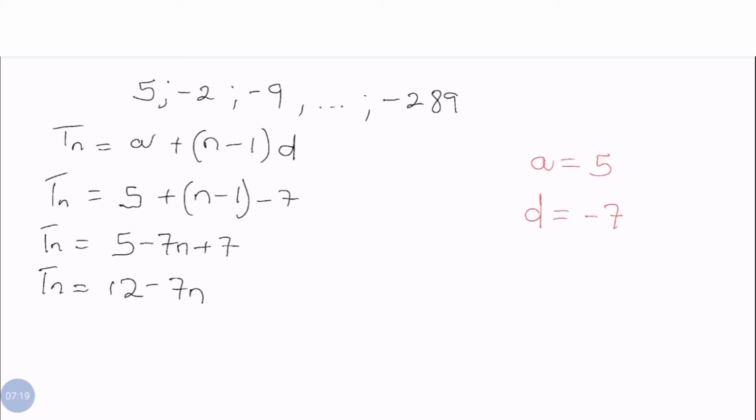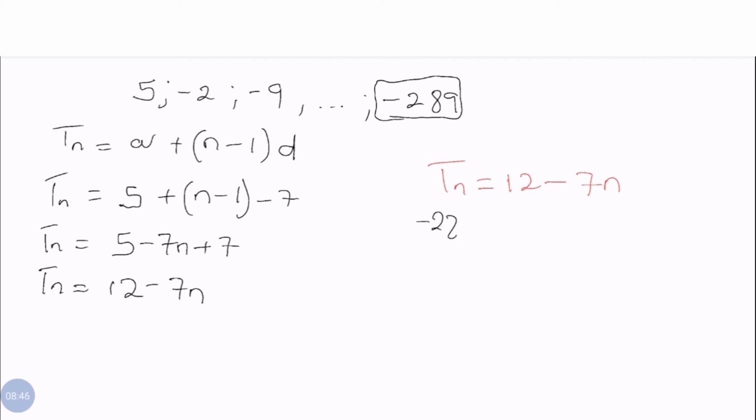And then we will use this equation to determine the number of terms in the pattern. What we know is the last term is -289. So with the equation Tn equals 12 minus 7n, -289 is equal to 12 minus 7n. Let us solve for n.